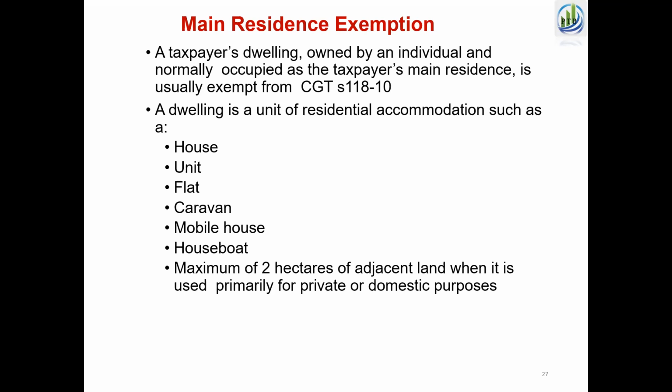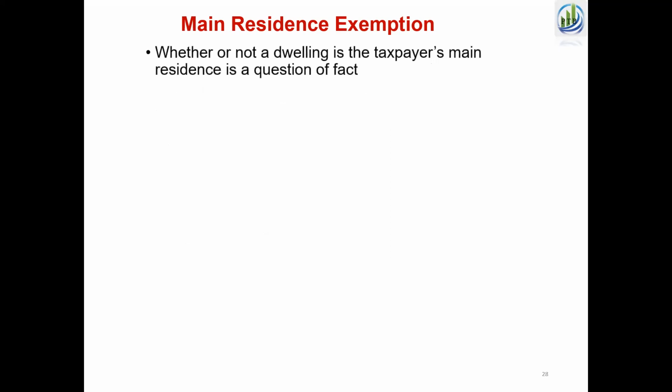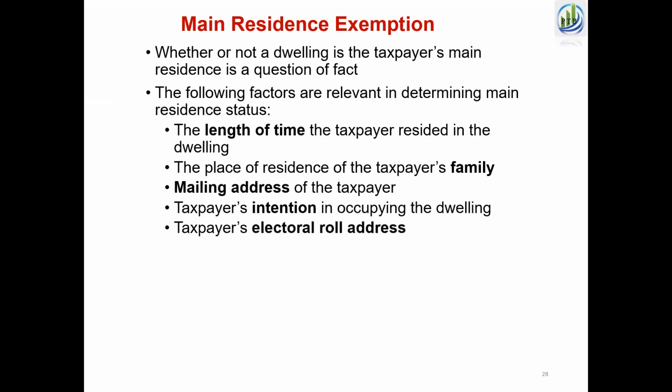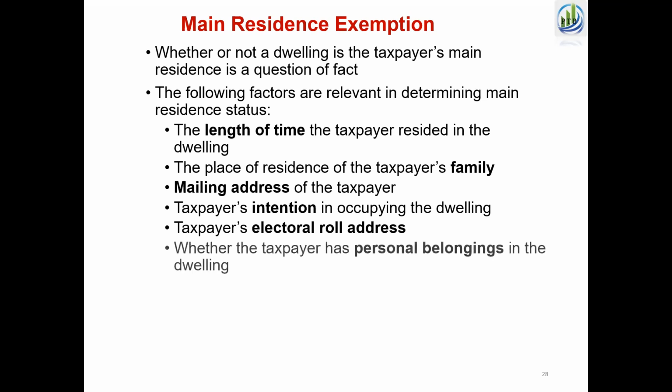The land will be a maximum of 2 hectares. The special word is adjacent, which means adjoining land, right? That is the main house exemption. When we determine whether this is your main house or not, it means whether you are living there or not. They will ask a couple of questions: how long you have lived there, where your family is, what your mailing address is, what your intention is in occupying it, where your electoral roll address is, what your personal belongings are.